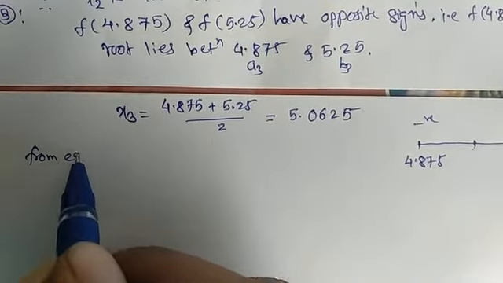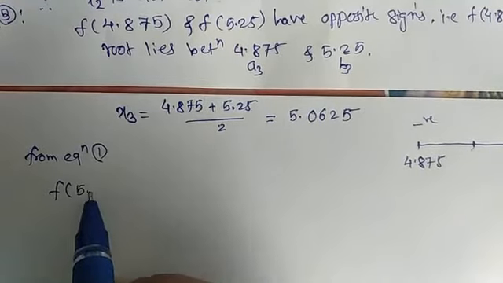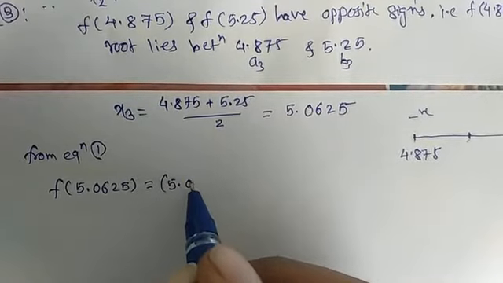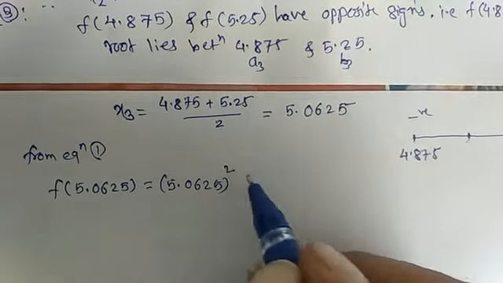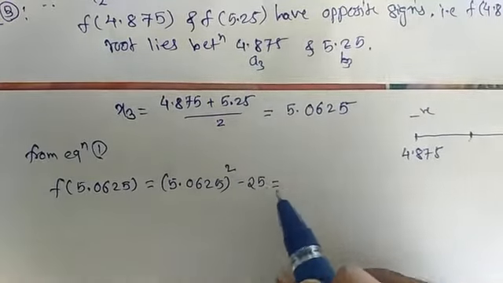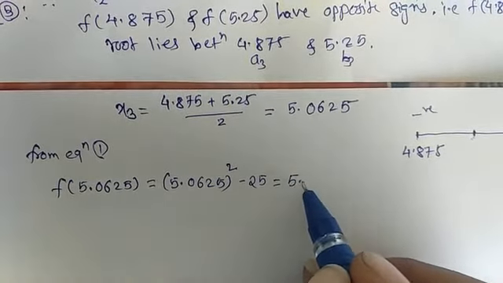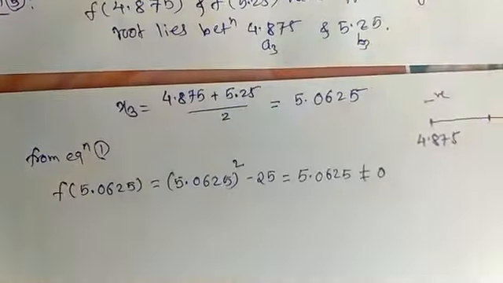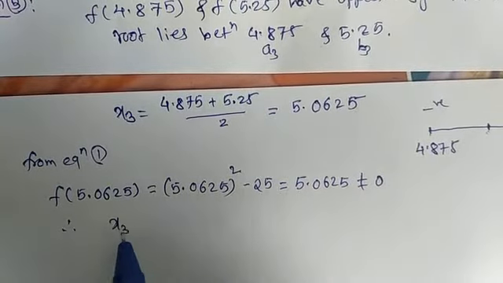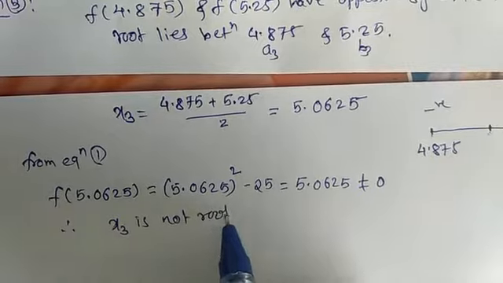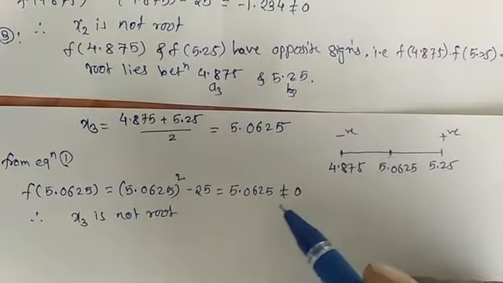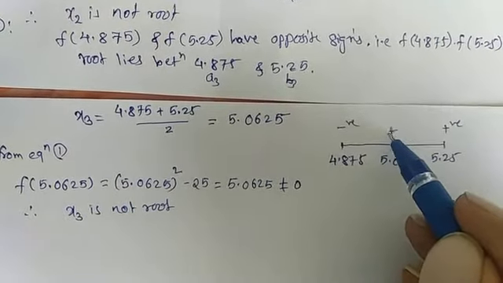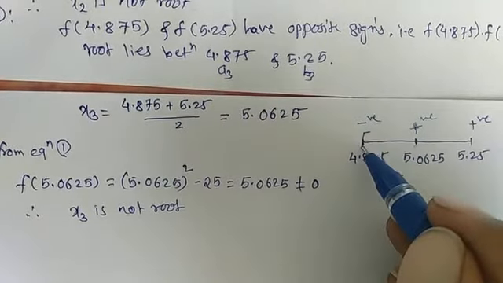From equation 1, f of 5.0625 is equal to 5.0625 squared minus 25, which will be positive and not equal to 0. So x3 is not a root because it has a positive sign. So the next interval will be between 4.875 and 5.0625.